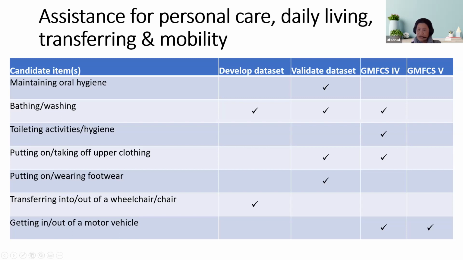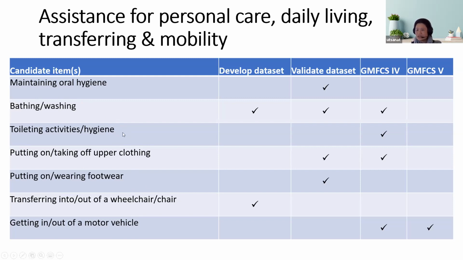I'll conclude. We also looked at the correlation, and what we found is that assistance in bathing also correlates with the toileting activities and hygiene, which correlates with putting on and taking off upper clothing, and the bathing correlates with putting on or wearing footwear, and also using the wheelchair as well.